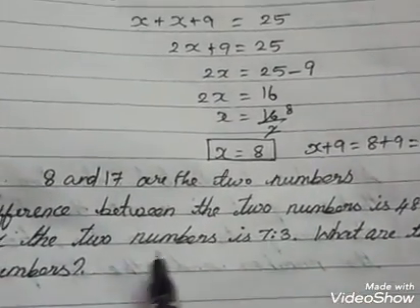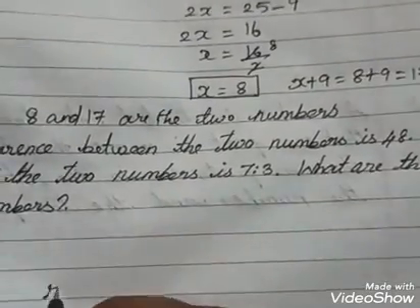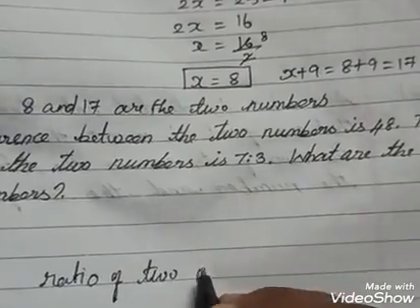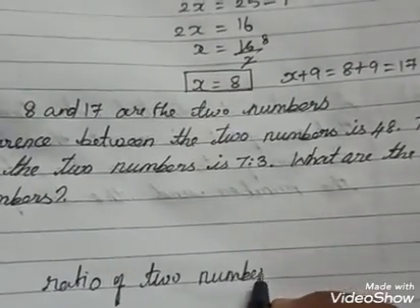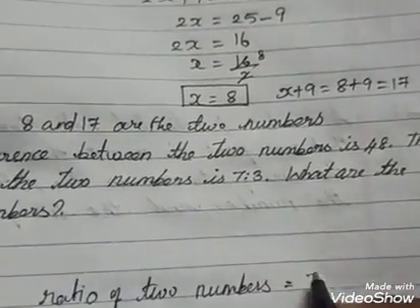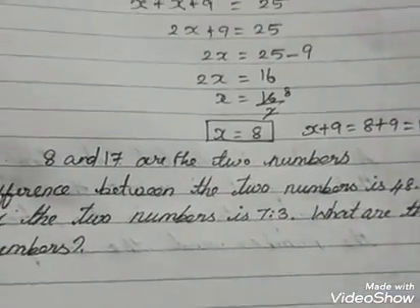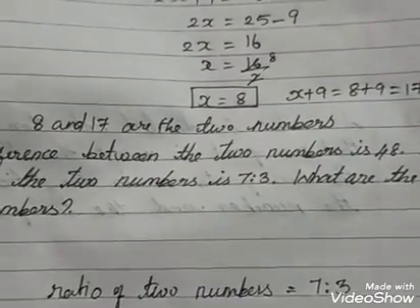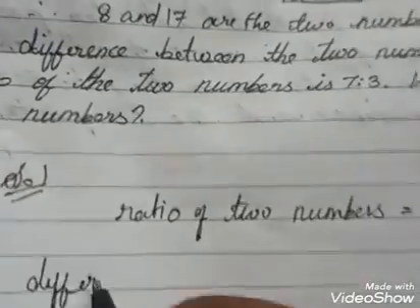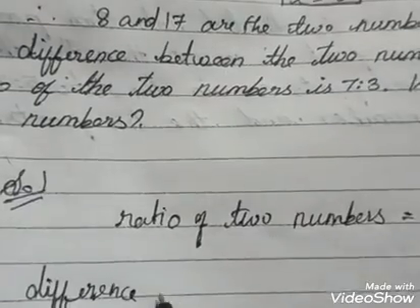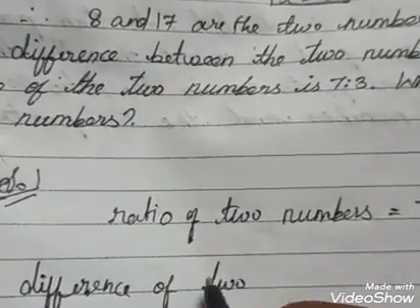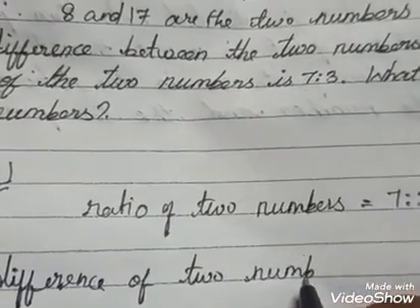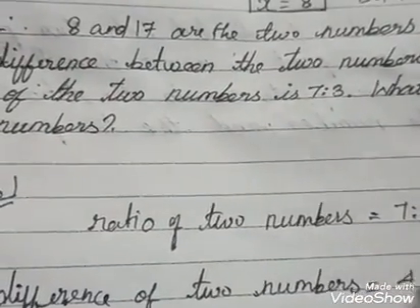Solution. So ratio of two numbers which is equal to 7:3, and difference of two numbers which is equal to 48.